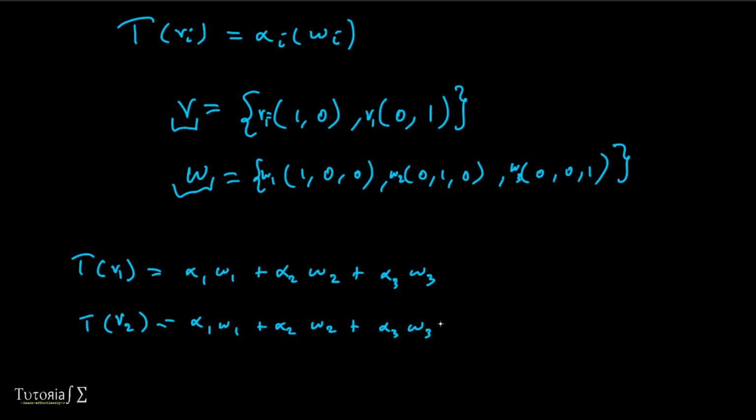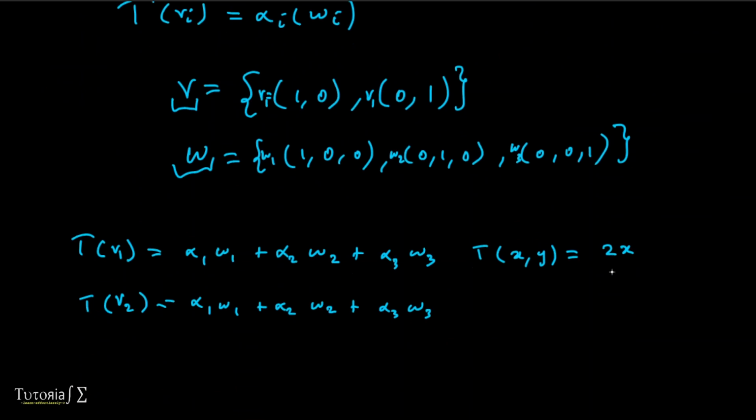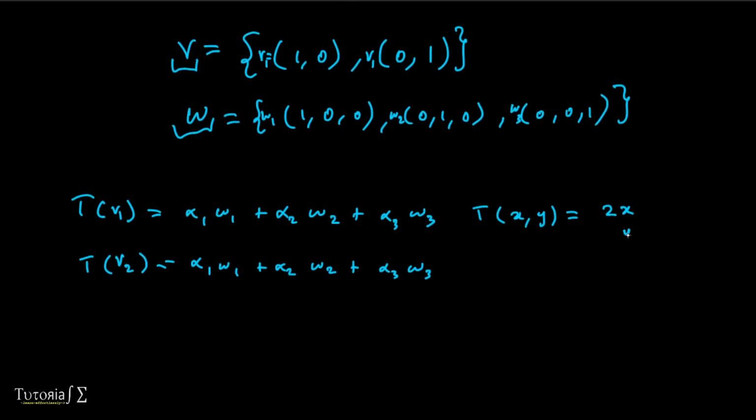Okay, so now we will apply the definition. The definition says the transformation of x comma y is equal to 2x, y, then x plus y. Okay, so we have this. For V1, this is x and this is y.